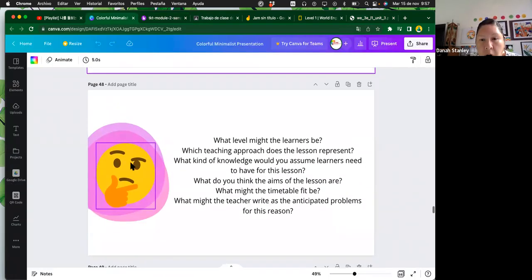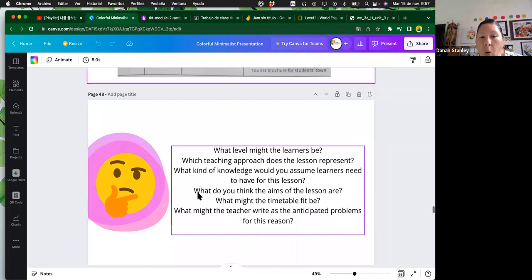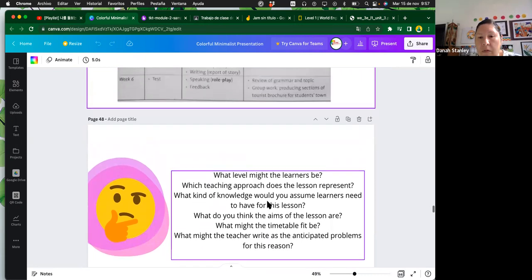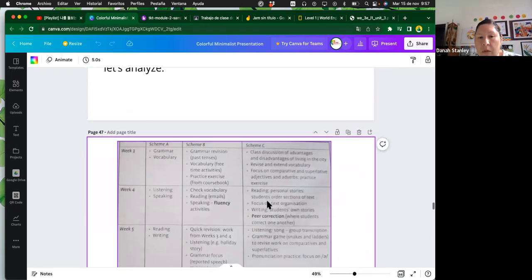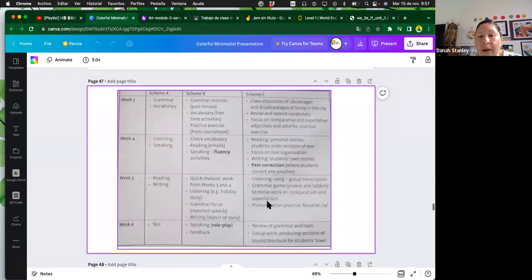Luego, the following question. What do you think the aims of the lesson are? What would be the main aim? Check your final result.